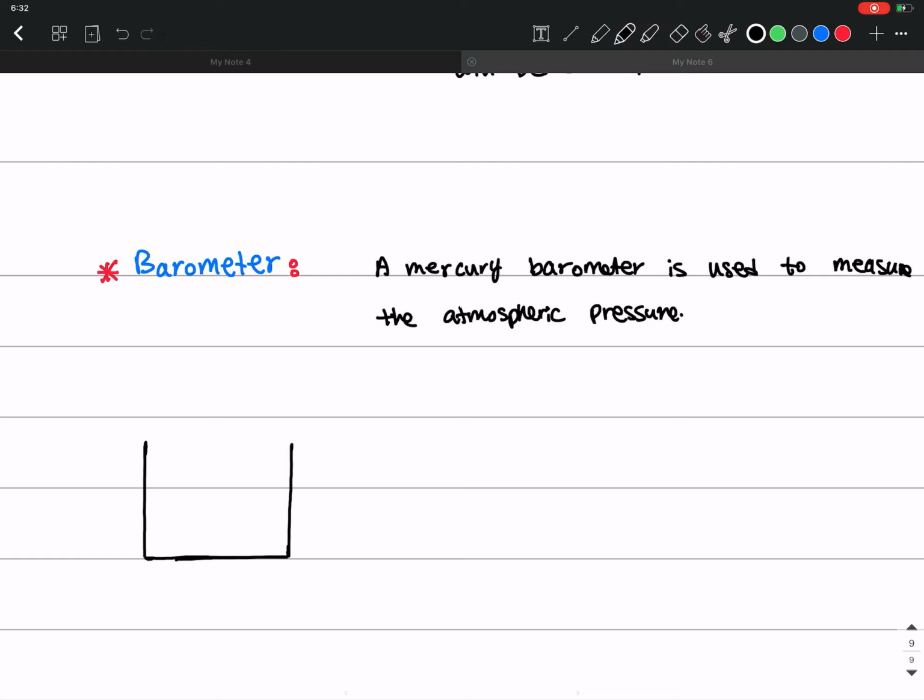So here we have mercury inside this box.